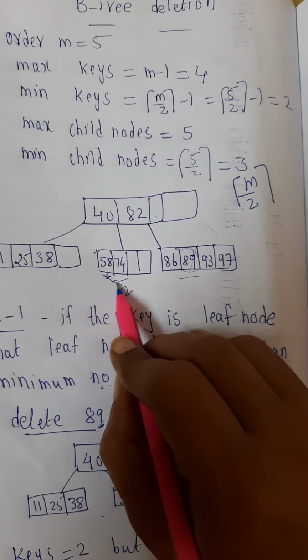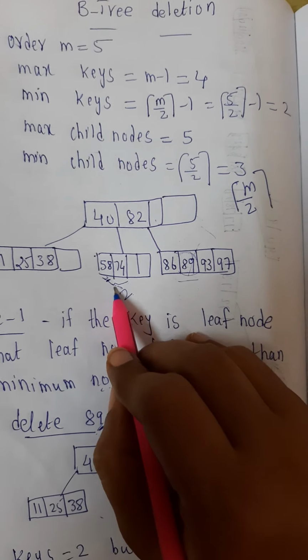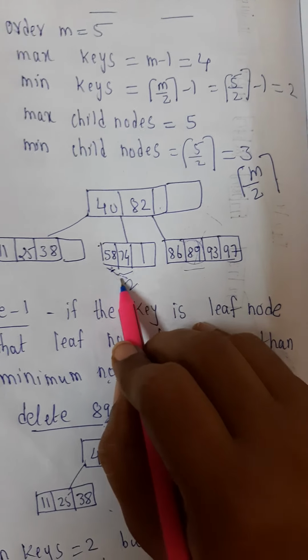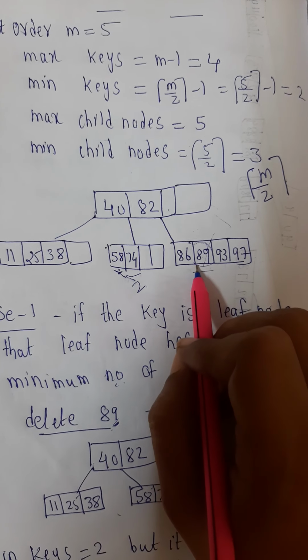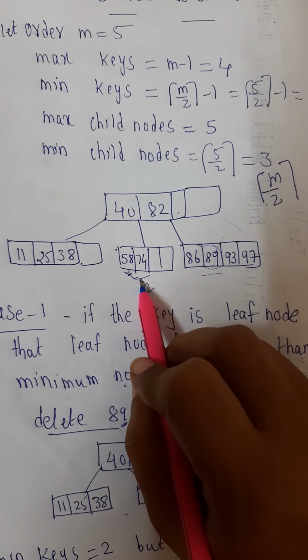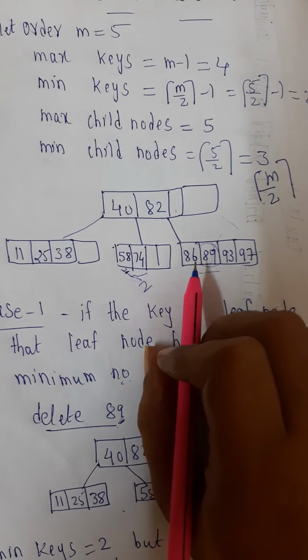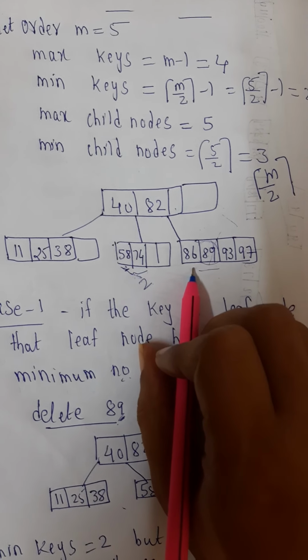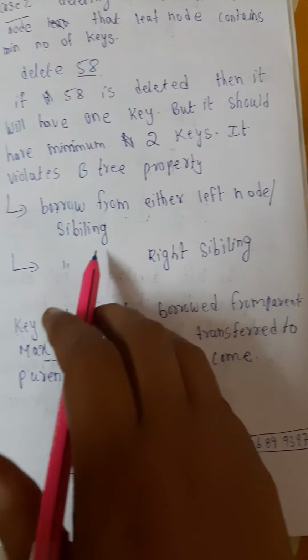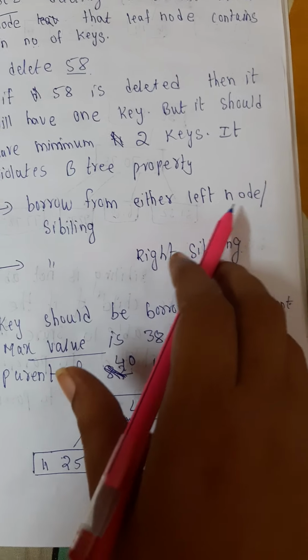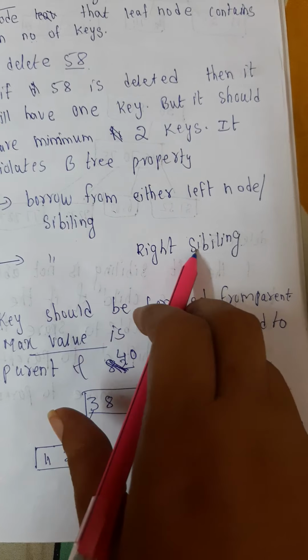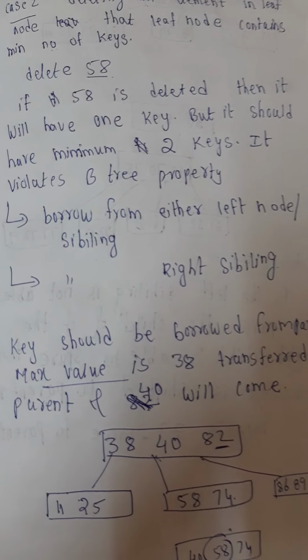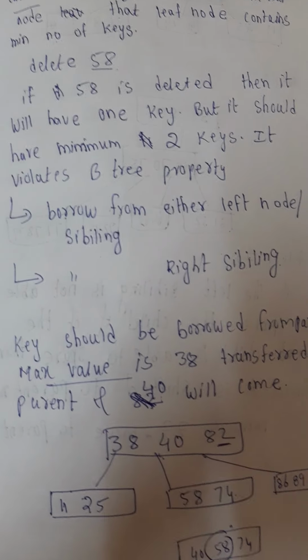In this case, we have to borrow a key either from the left sibling or from the right sibling. Borrow from the left node, the left sibling, or borrow from the right node, the right sibling.